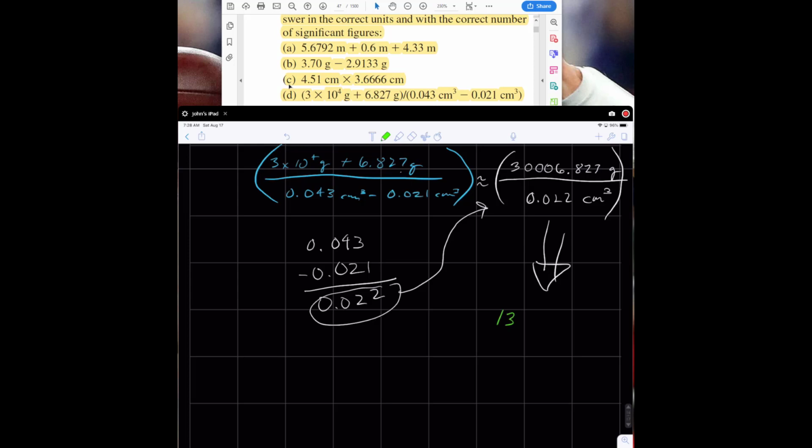1,363,946.682. And we have to keep 2 sig figs.